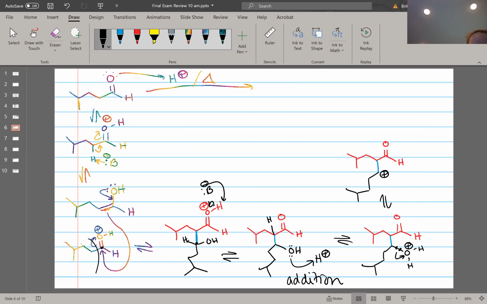Okay, so now we have a carbocation on that carbon, on the beta carbon, and we also have water. What do we need to do next? Now water can remove the alpha hydrogen. Perfect, forming the double bond. Yep. So the electrons that are in that bond are going to come down to form the double bond.